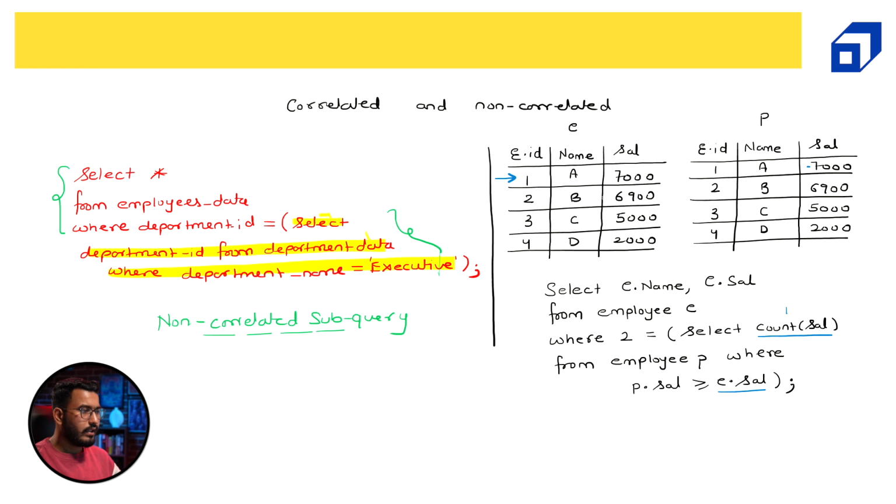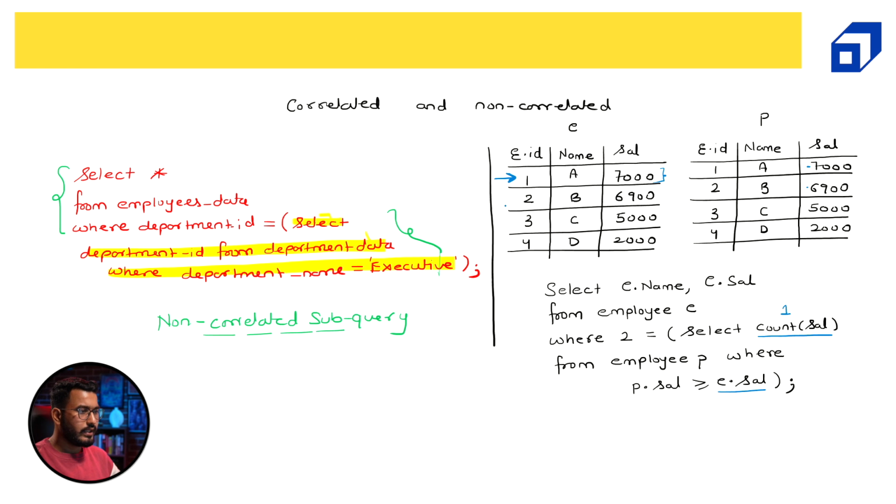Then I have to check how many salaries in my table P are greater than this particular salary. So 6,900, is it greater than or equal to 7,000? No. 5,000, is it greater than or equal to 7,000? No. 2,000? No. So I'll get the count 1. Now 1 is not equal to 2, so this is not meeting the condition, and we will not get this row as an output.